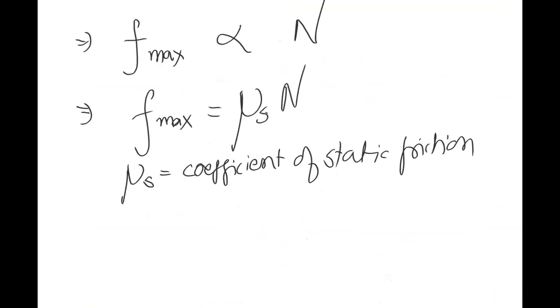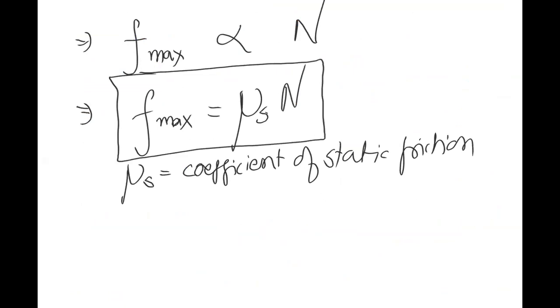Okay, ये important statement है, but remember, and you will tend to forget, and whenever this happens, please remember, this is just the maximum value of friction force. It is not the value of friction. It is the maximum value of friction force.